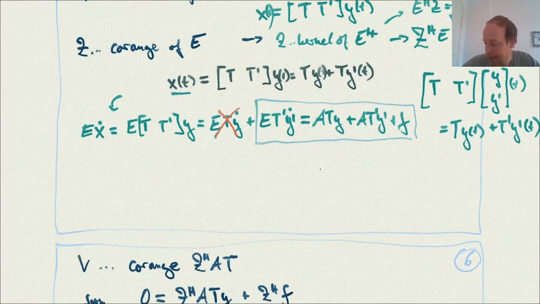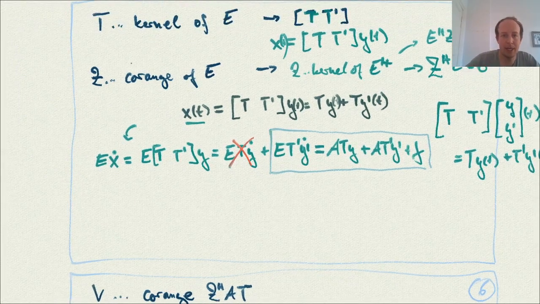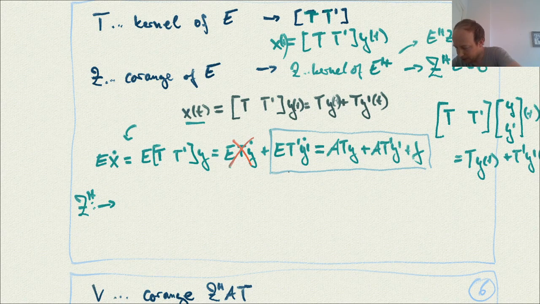Okay, and then what else did we have? We had Z to be the co-range of E. So if we multiply now by Z^H, this will cancel this out as well, and then we will have the 0 here.